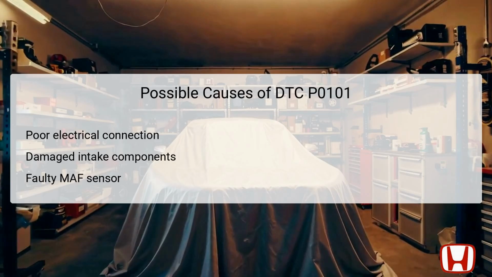Additionally, components in the intake system, such as the PCV valve or intake air duct, might be damaged or improperly connected. Any air leaks or restrictions in this system can directly impact the MAF sensor's readings. Lastly, the MAF sensor itself may be faulty, which could necessitate its replacement. Thorough checks of these components are vital during diagnostic attempts to ensure accurate readings.